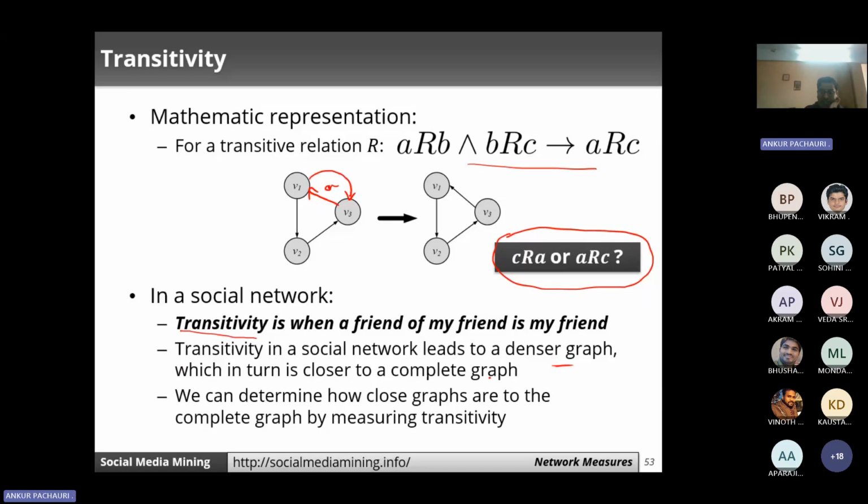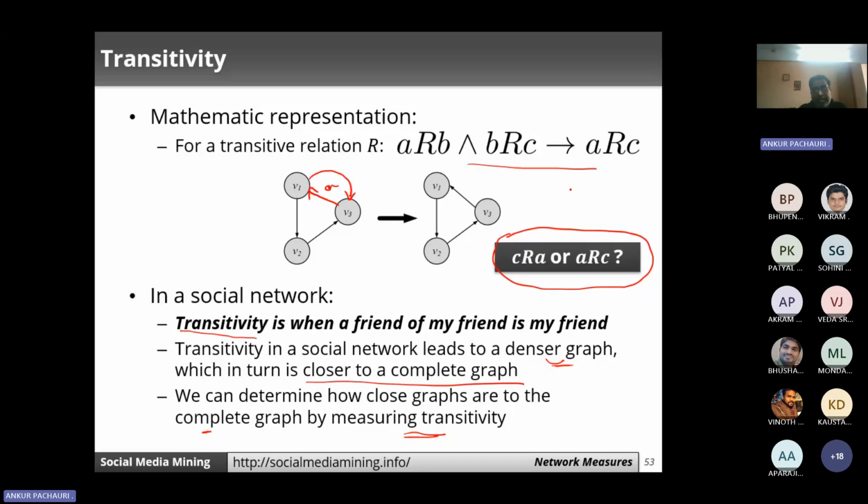If that network becomes very dense, it may lead to a complete graph, but this is hypothetical. It may not be possible. We can determine how close a graph is to the complete graph by measuring the transitivity. If transitivity is high, then the graph is almost moving towards the complete.